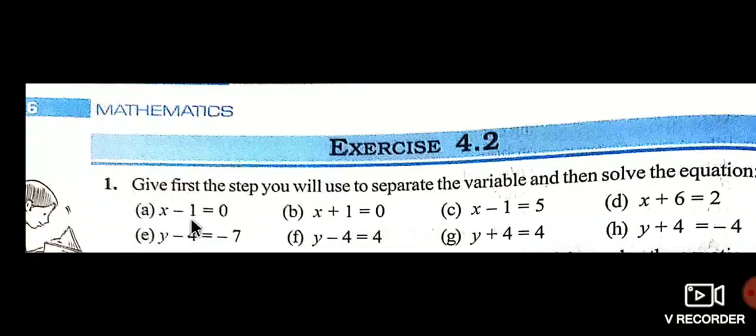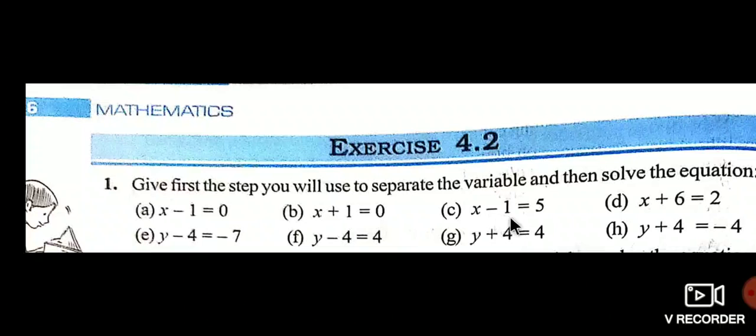So first a, x minus 1; b, x plus 1; c, x minus 1; d, x plus 6; e, y minus 4; f, y minus 4 is equal to 4; g and h. First one is x minus 1 is equal to 0, so we have to separate this variable. Second one is x plus 1 is equal to 0, the variable is x.